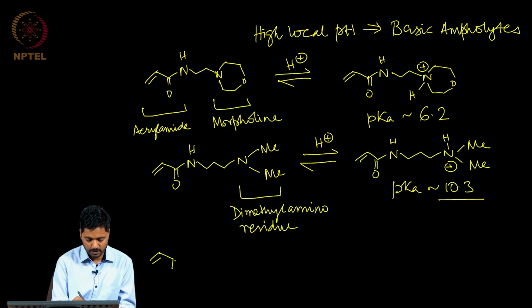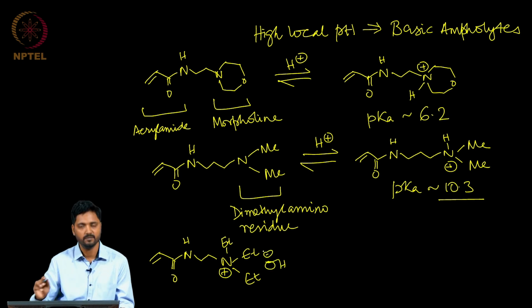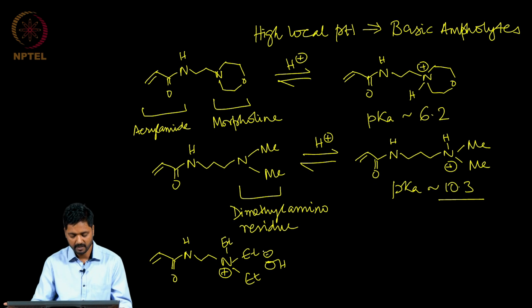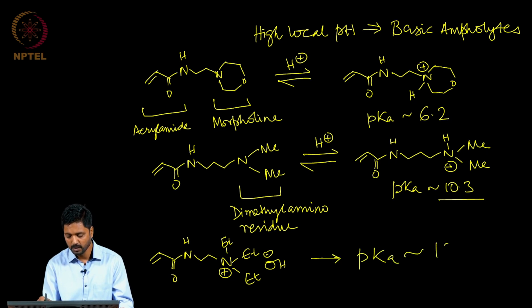Finally, we can use ammonium hydroxide salt. So, we can use a triethylammonium salt, and this molecule can have a hydroxyl anion as the counter anion, and this will have a pK value of about 12.